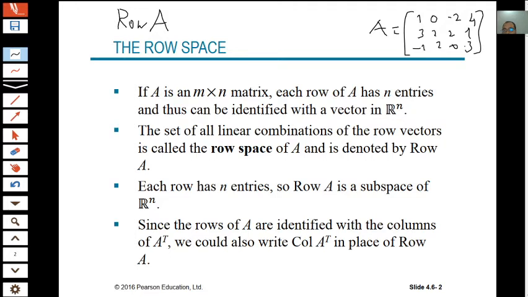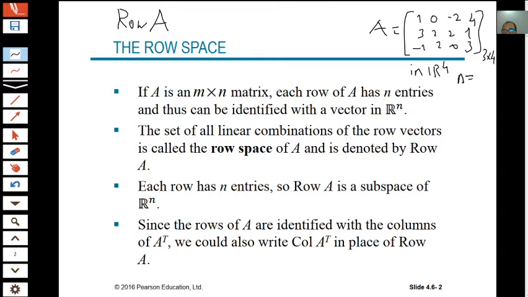So how many rows do we have for this matrix? We have 3 rows and 4 columns. And every row has 4 entries, as you can see. Therefore every row is a vector in R to the 4.